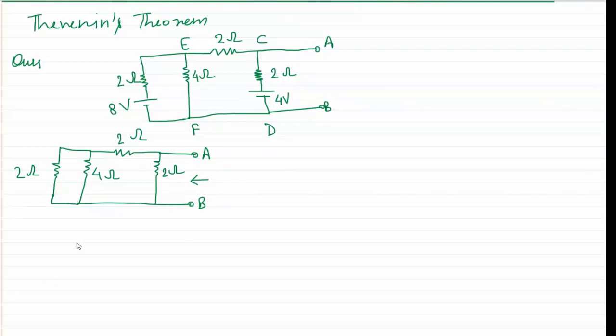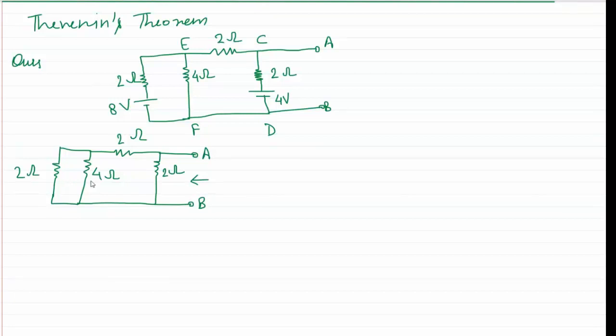In that case only you do that. Otherwise no need. Here it is a very simple circuit. You can easily calculate it without doing that. For your practice you can do.